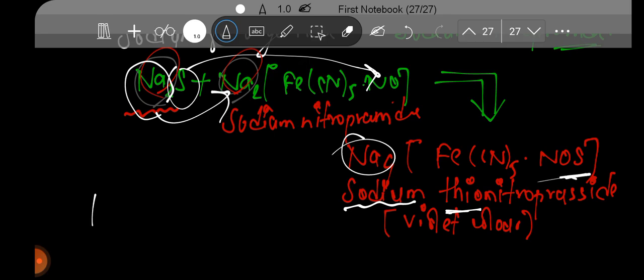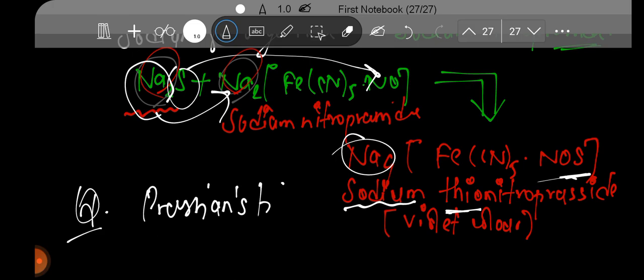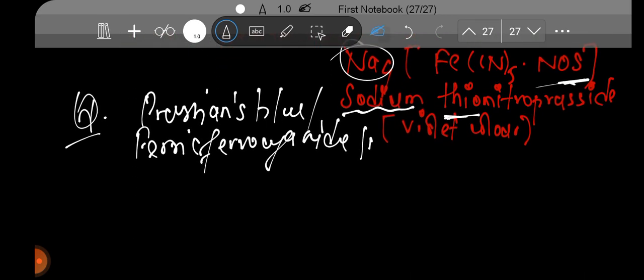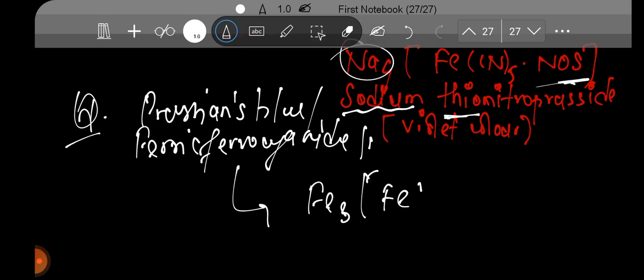A question could be asked in MCQ, like the molecular formula of Prussian blue, or ferrocyanide. You have to say simply Fe4[Fe(CN)6]3.